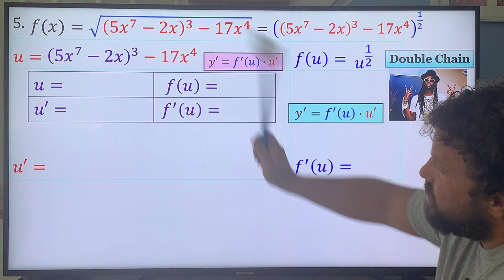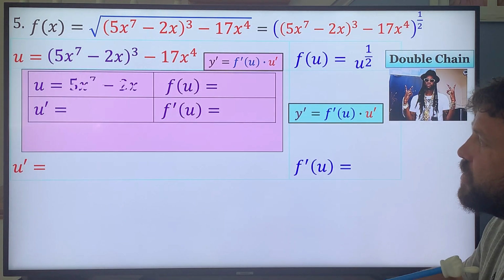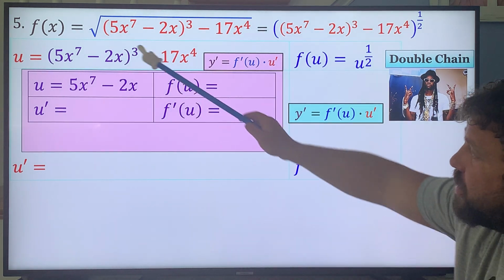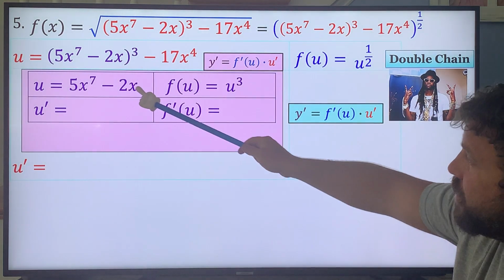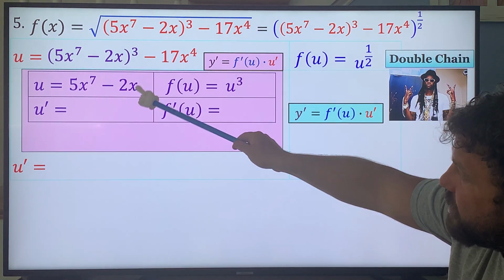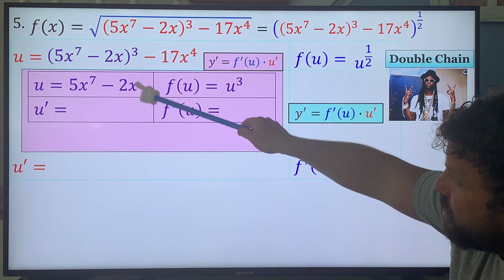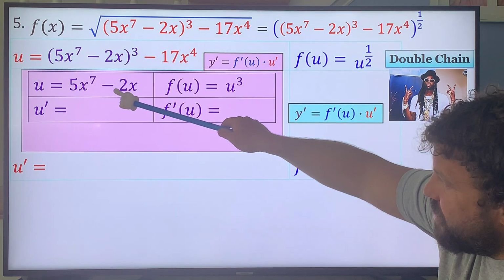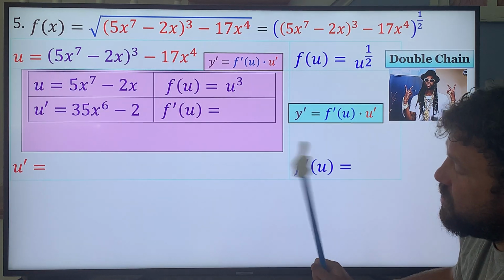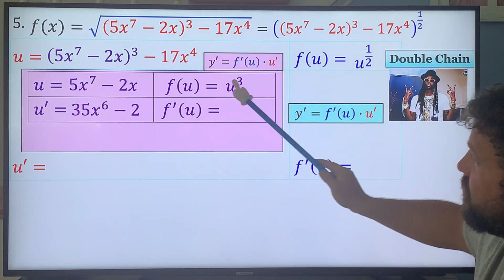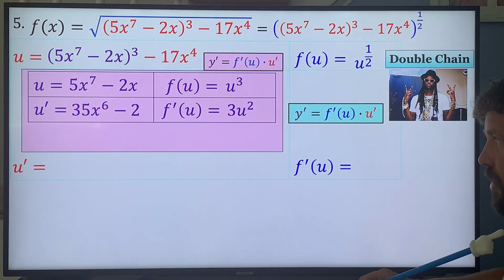So, the u is the inside, which is 5x to the 7th minus 2x. F of u is u to the 3rd. U prime, the derivative of this, u, not the big U, the u inside the u. 5x to the 7th minus 2 is 5 times 7x to the 6th, which is 35x to the 6th, minus 2. Derivative of this is 3u squared.